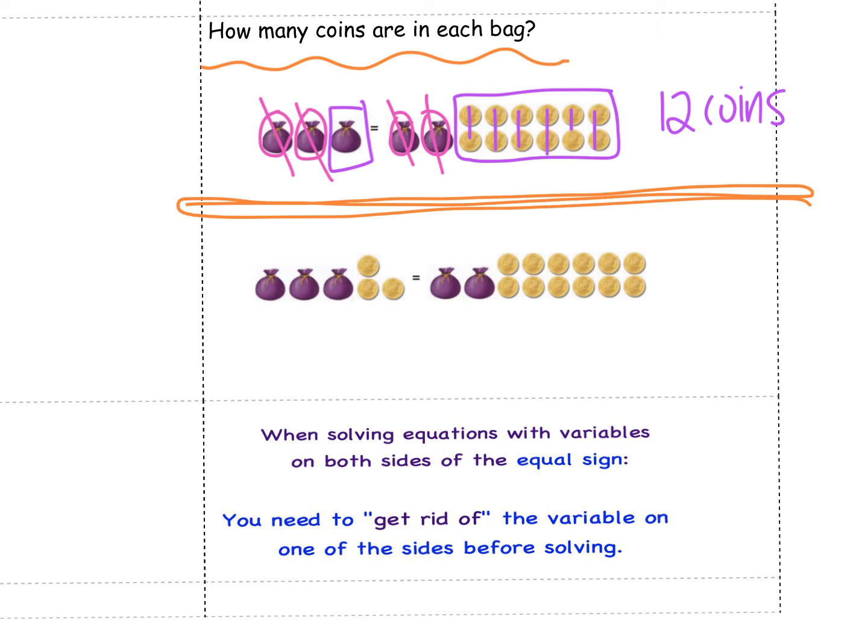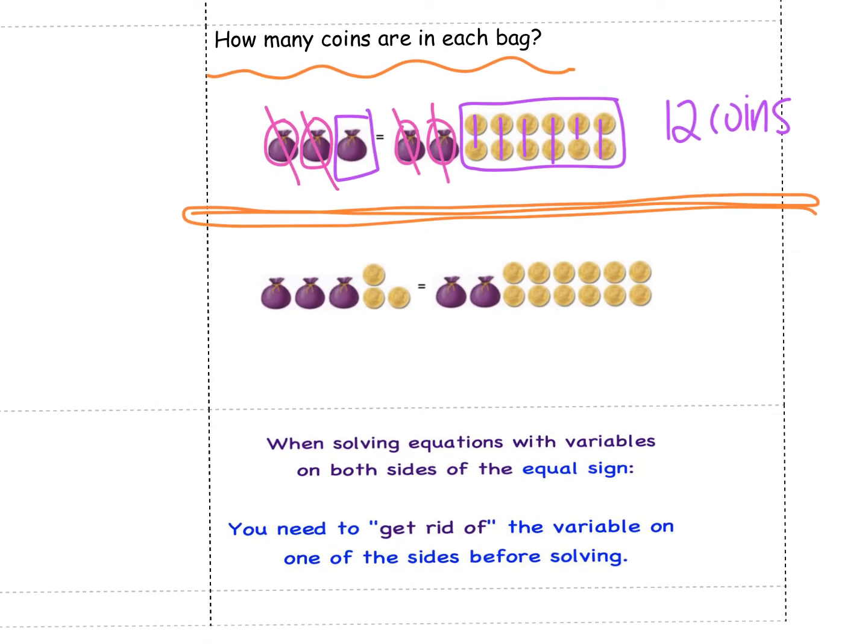Think about solving equations. And now on the bottom, we have a bag and a bag, a bag and another bag, and then I have 3 coins and 3 coins, so those cancel.